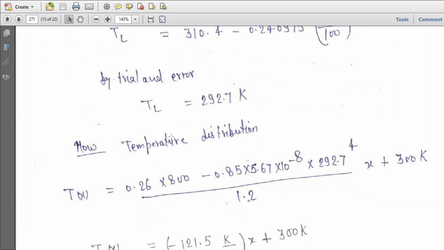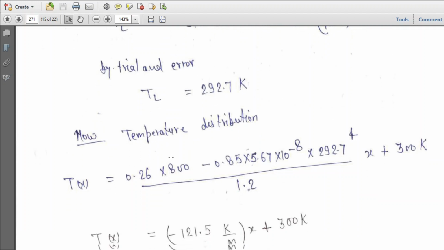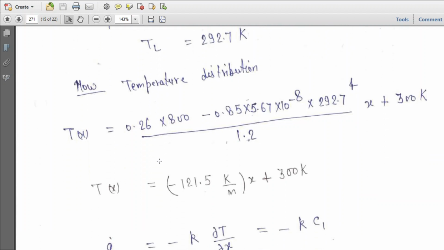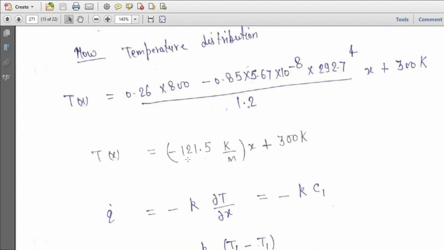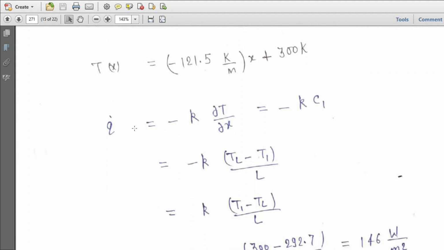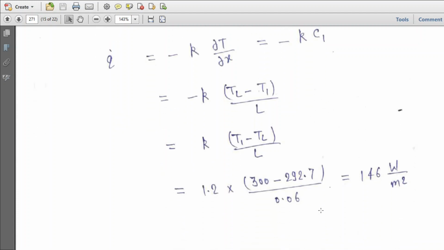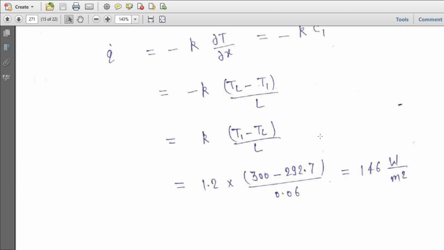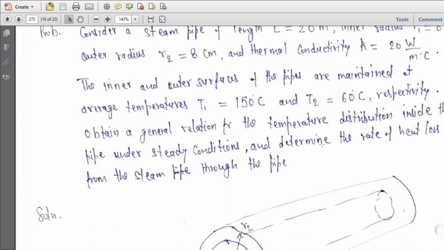Now you know the TL, so you can substitute there. So you find the expression for T(x) is minus 121x plus 300 actually. So your Q dot, the rate of heat conduction, is minus K times C1, so that is 146 watt per meter square.